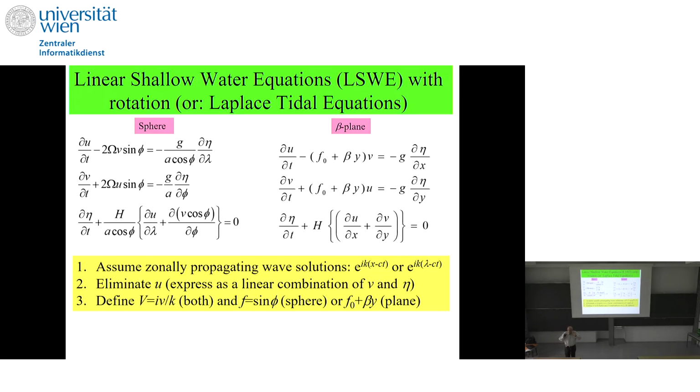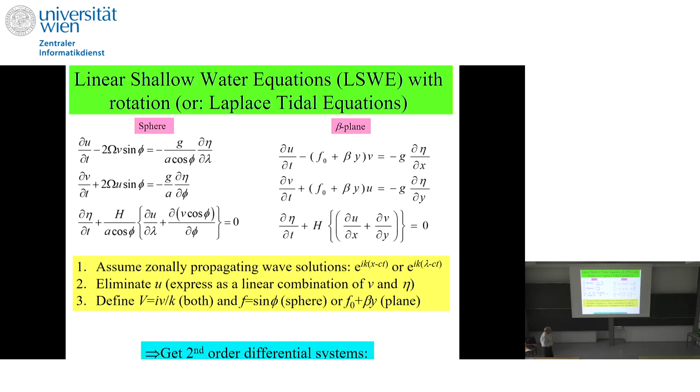So the initial template is exactly the same, and we can easily do it. U, V, and eta, all of them are in one wave solutions. Everything depends on U, V, and eta, but with a y-dependent amplitude, or phi-dependent amplitude, that will be different for each one, U, V, and eta. Same k and same omega.